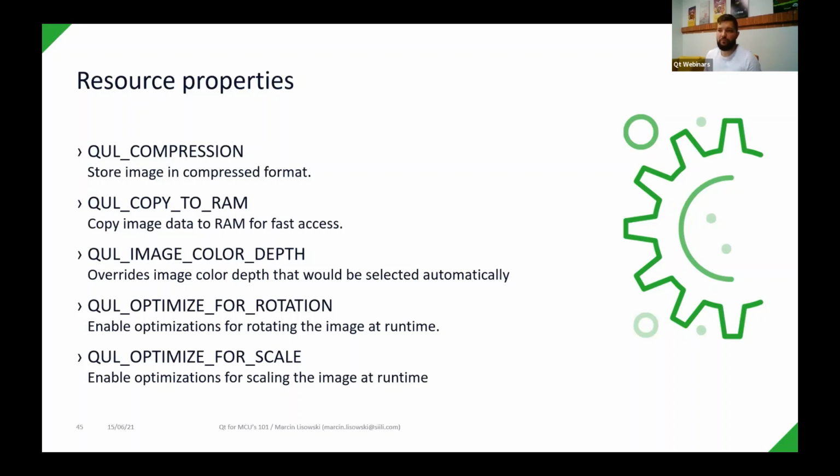QL image color depth is defining the storage bits per pixel depth of a particular image. So you can control how big the image is in your binary, but just keep in mind that lowering the value from the default one will cause quality loss.